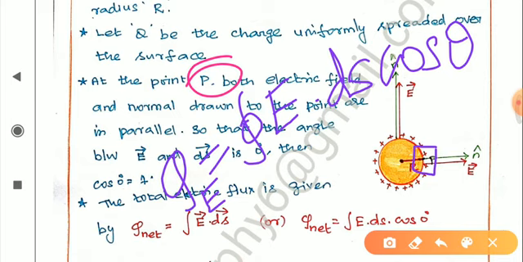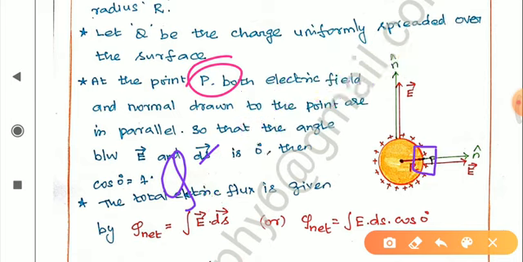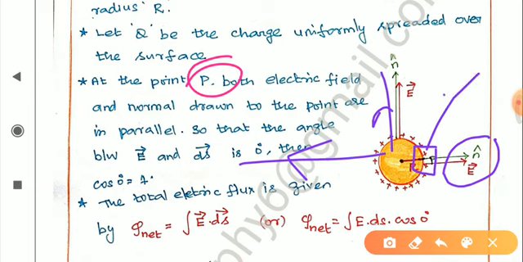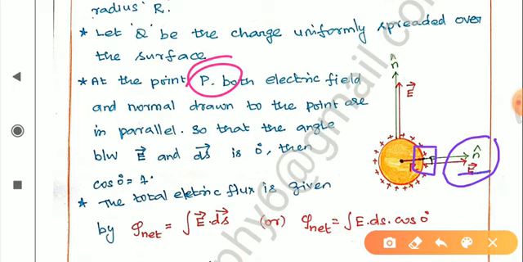If we consider the Gaussian surface on the surface of the sphere, here I wrote clearly the direction of electric field. Because of the positive charge, the electric field is always acting radially outwards in all directions. So wherever we take the point on the surface, the electric field is directed outwards. At any point on the surface of the sphere, the normal line, if we draw it, is also parallel to the direction of electric field.